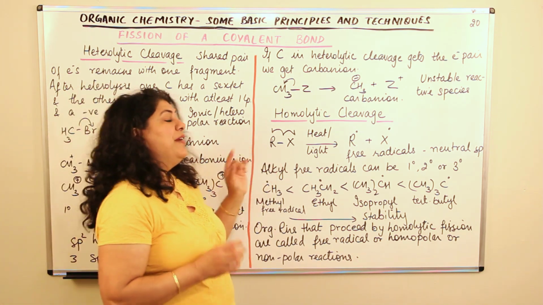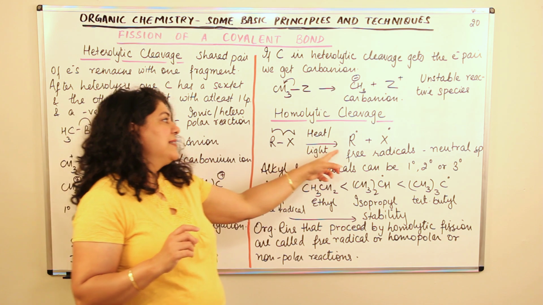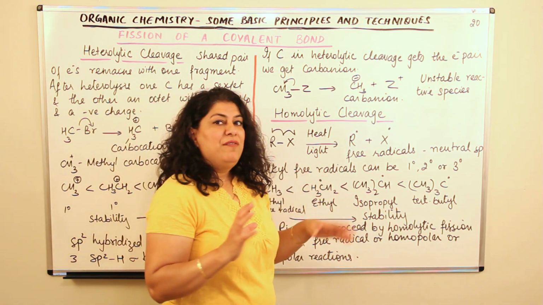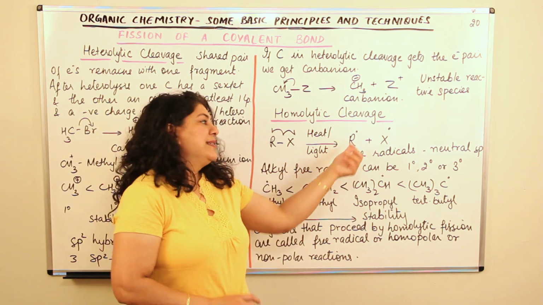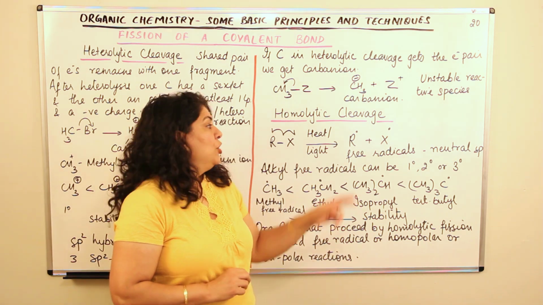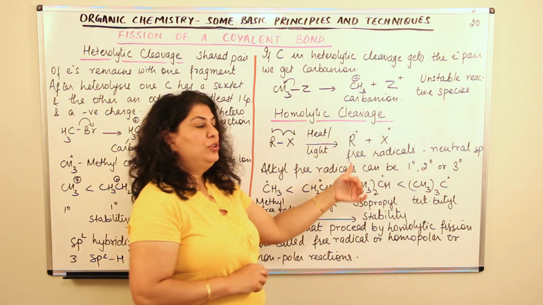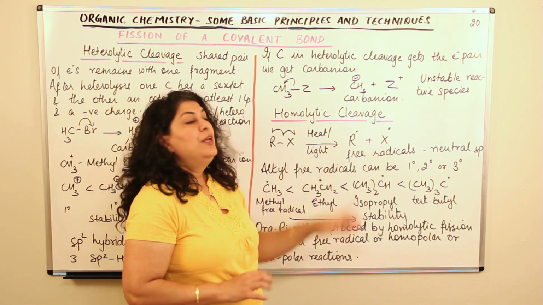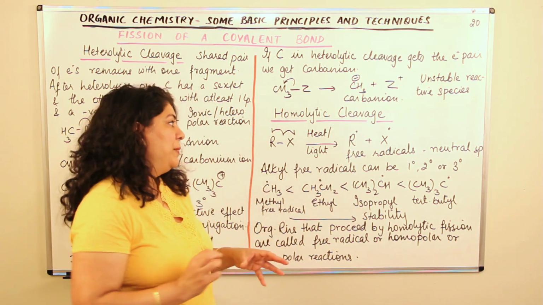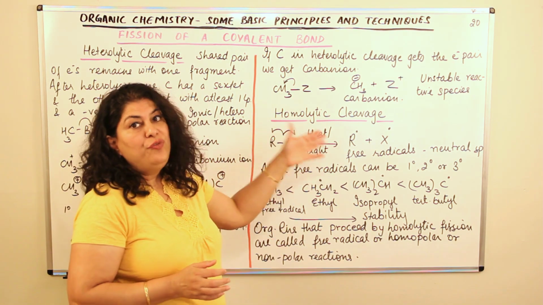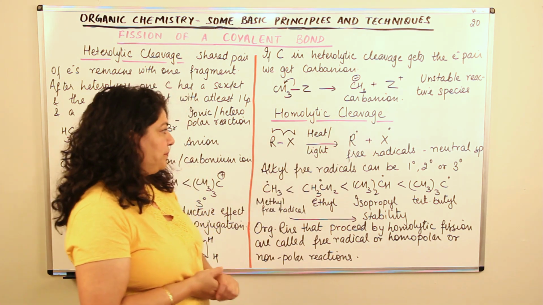And therefore, whenever an atom has a single electron like this, which is not bound, it is known as a free radical. So you get free radicals of both the alkyl group and the other species. By homolytic cleavage, we get free radicals.